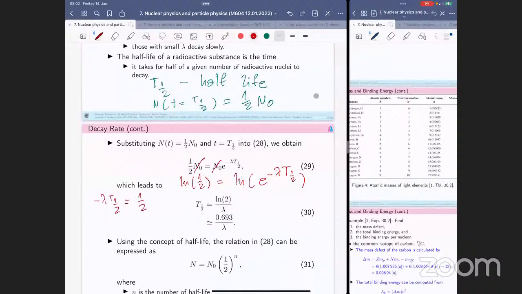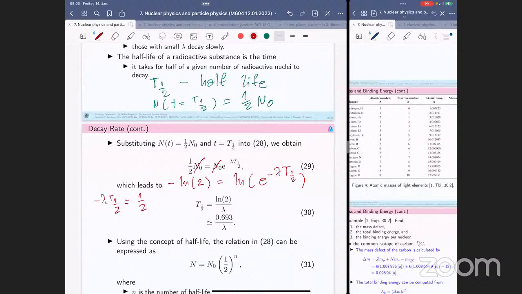It's the same thing: lambda, we take the natural logarithm, ln of 2 to the power of minus 1, and you take the logarithm function.